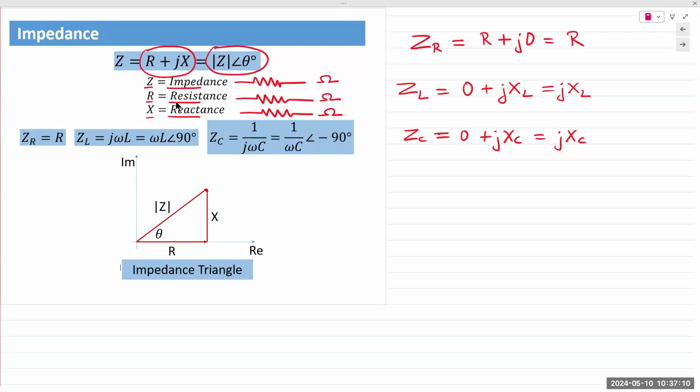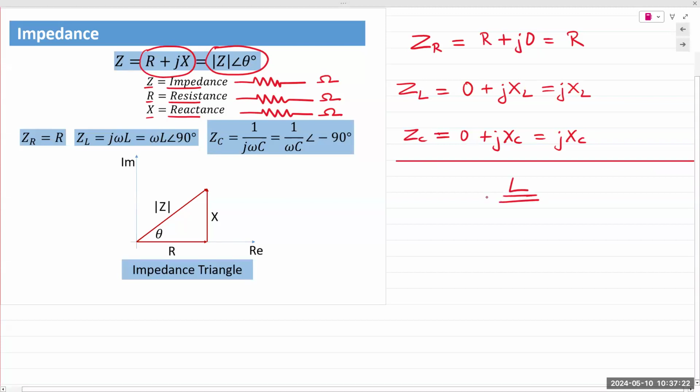Now, for an inductor, energy stored in the magnetic field opposes any change in the input current. So because it opposes change in the input current, the current will always be behind the voltage.